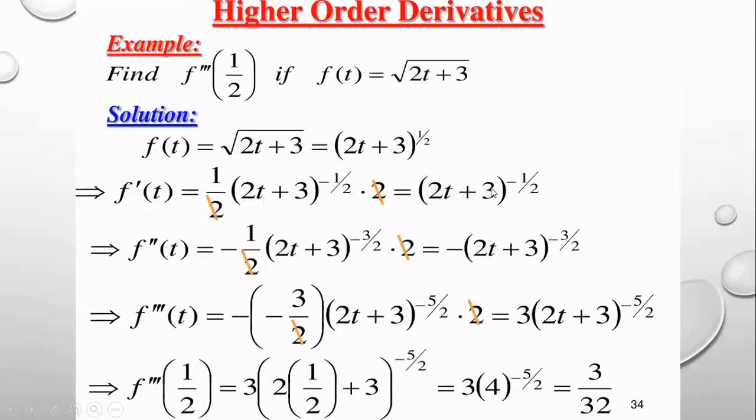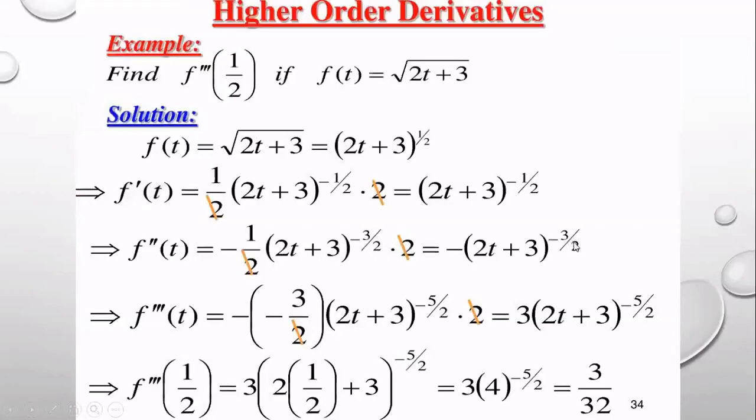Now 1 upon, okay, 2t plus 3 into minus half. Earlier one root of 2t plus 3 to the power half. Answer is 2t plus 3 to the power minus half. Then we will come to the second derivative, minus half into minus half minus 1. It is 2t plus 3 to the power minus 3 upon 2. Again this 2 is there, 2 cancel. Then it is minus 3 upon.